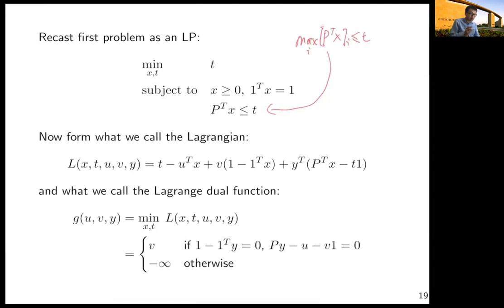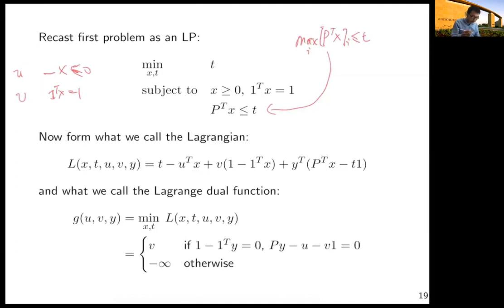Okay, again, by mechanical calculation, we introduce a dual variable corresponding to the inequality, so to make it standard form, minus x smaller than 0. Let's assign this dual variable u, and then for the equality equal to 1, let's assign this dual variable v, right?